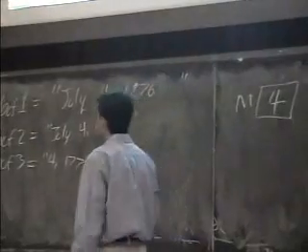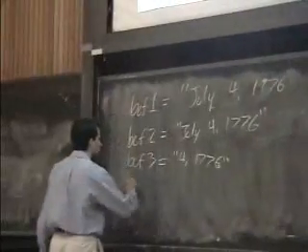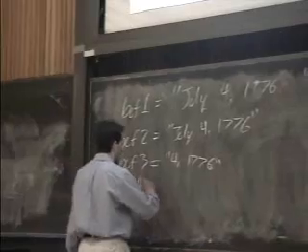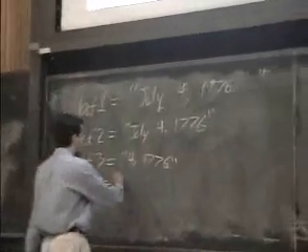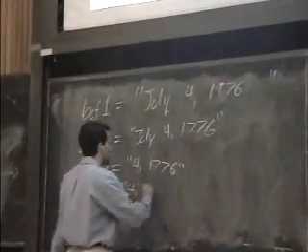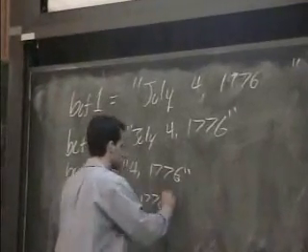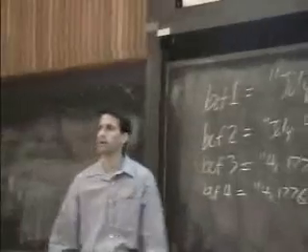String buffer4 equals buffer3.trim. What that's going to do is just take out any extra spaces on either end. There aren't any in this case, so it doesn't do anything. So buffer4, because there aren't any extra spaces, it's still 4, 1776.